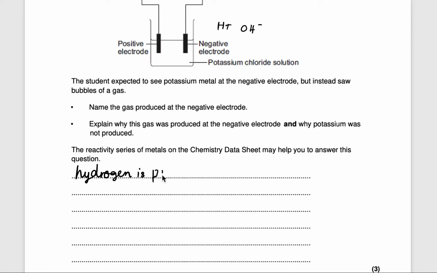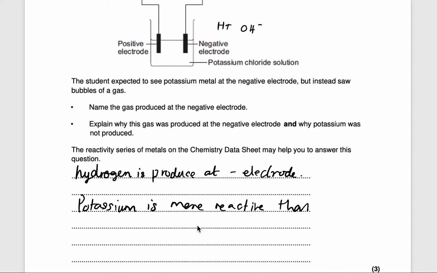Hydrogen is produced at the negative electrode. Okay. Explain why this gas was produced at the negative electrode and why potassium was not produced. And this is because potassium is more reactive than hydrogen.